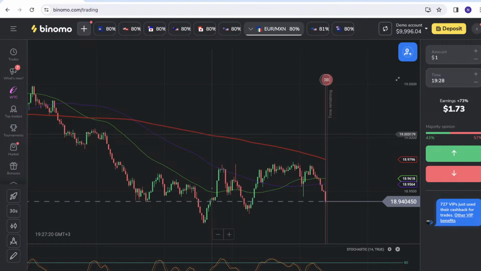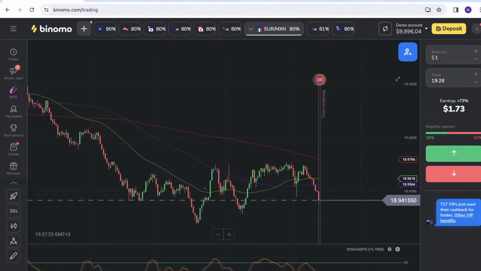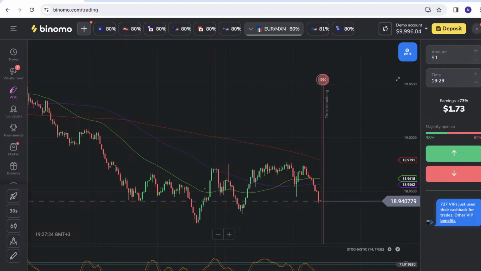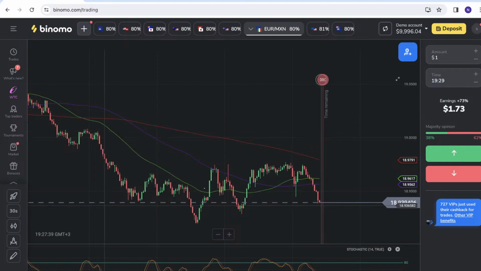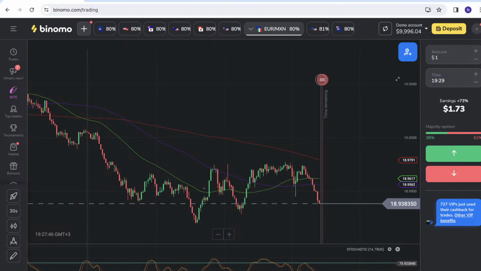We are using these lines as support or resistance lines, and we also have a stochastic oscillator to get additional trading signals for our support or resistance lines. When price tests our support or resistance lines, at the same time we try to get additional signals from stochastic. When we get two signals at the same moment, we open a trade.